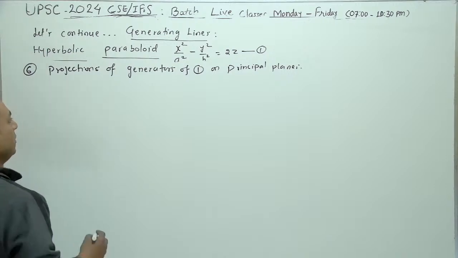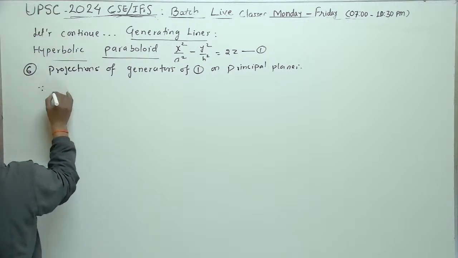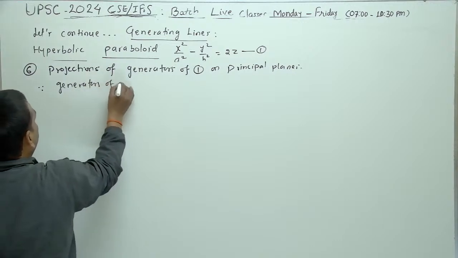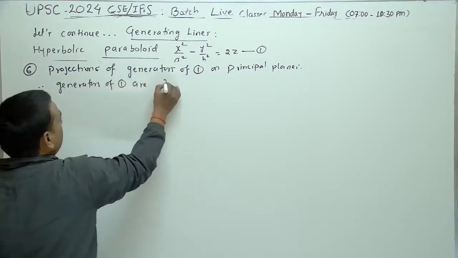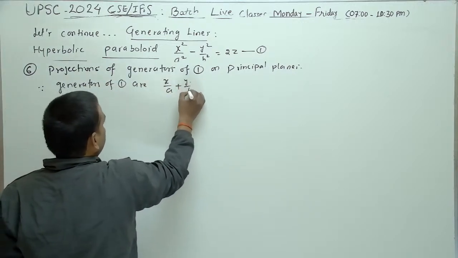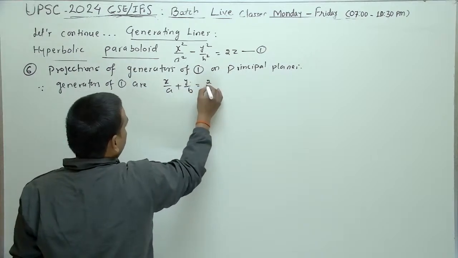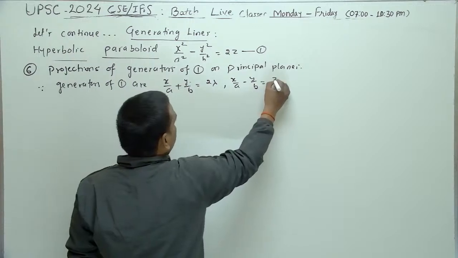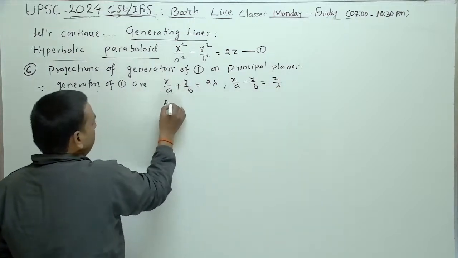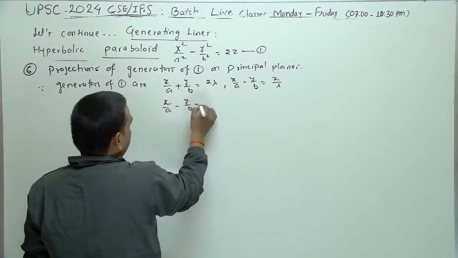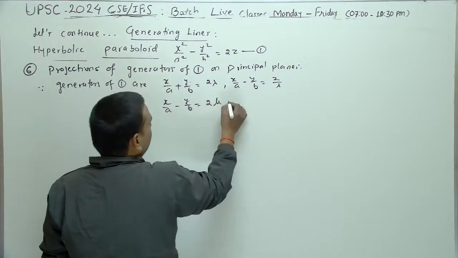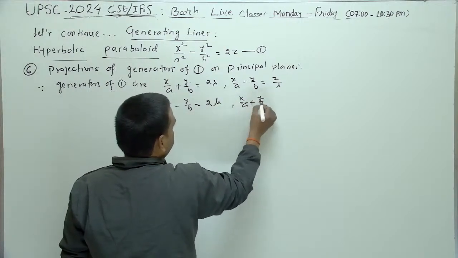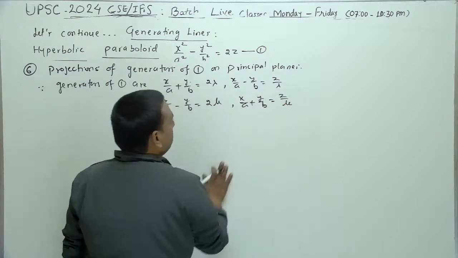Fair? So, we will see. Since generators of 1 are, how do we write? x upon a plus y upon b equals 2 lambda. For the mu system, x upon a minus y upon b equals 2 mu, and x upon a plus y upon b equals z upon mu.